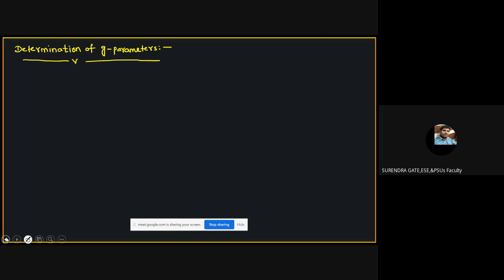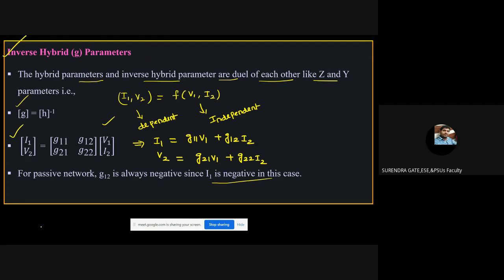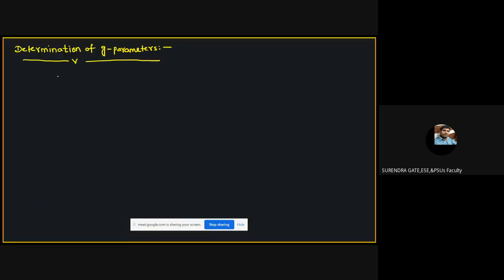The first one is I1 equals G11 V1 plus G12 I2. Then from this, what is G11? G11 equals I1 by V1 at I2 equal to 0.